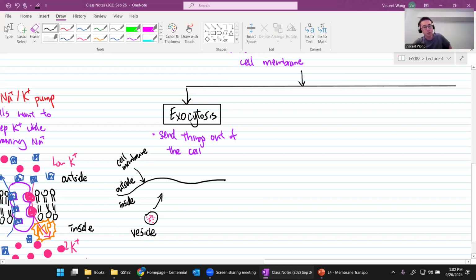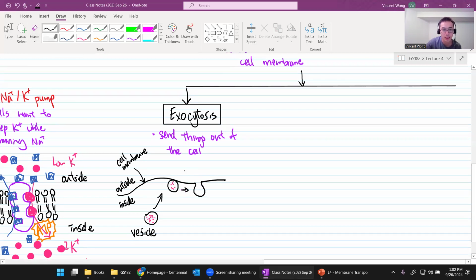So the vesicle will move towards the cell membrane. It's guided by those microtubules and whatnot, and then it will touch the cell membrane. After it touches the cell membrane, it will fuse with the cell membrane.